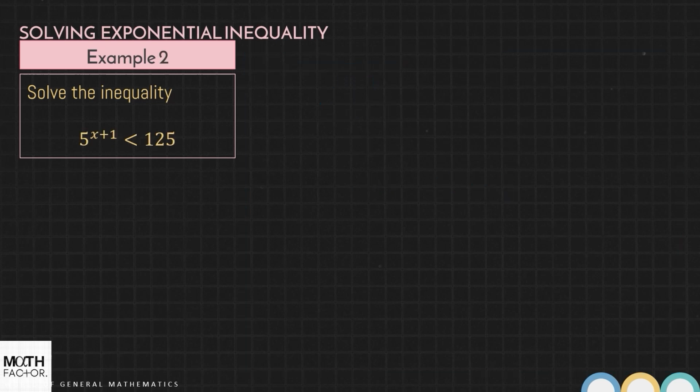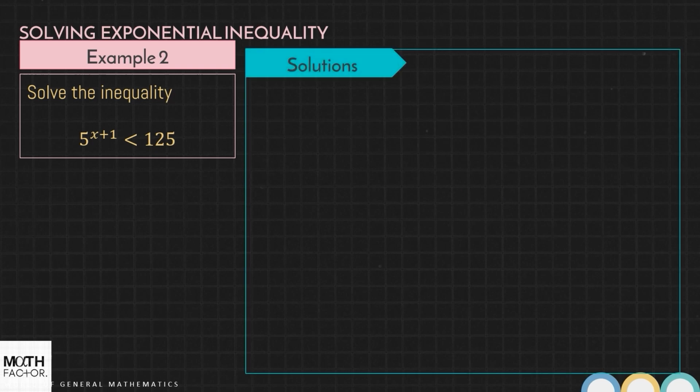Let us have the second example. We have here 5 raised to x plus 1 is less than 125. So, we're gonna write this 125 as an exponential form of the base 5 with the power of 3, right?